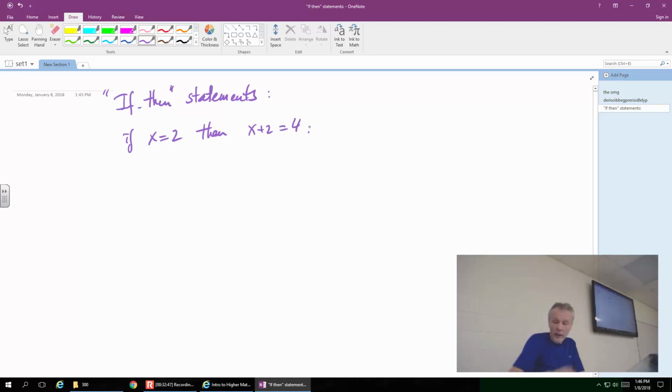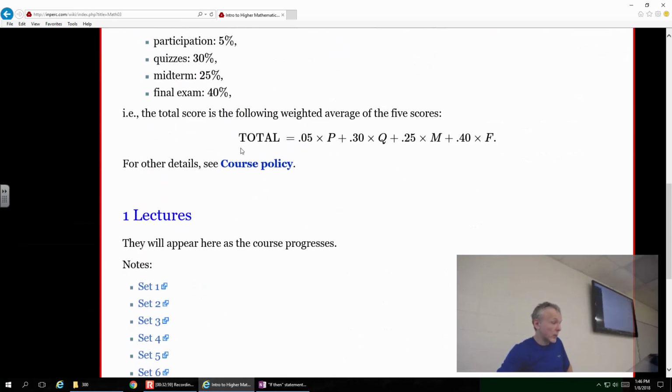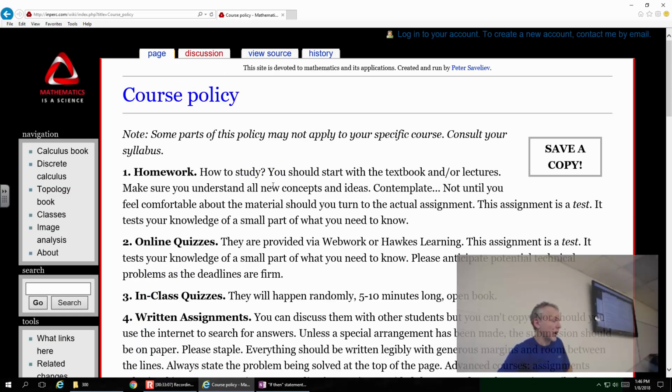By the way, every time you're solving an equation, there's a link here that I want you to follow. That is course policy, and I forgot to mention it; it explains things in more detail, even though it applies to different courses to a different degree.